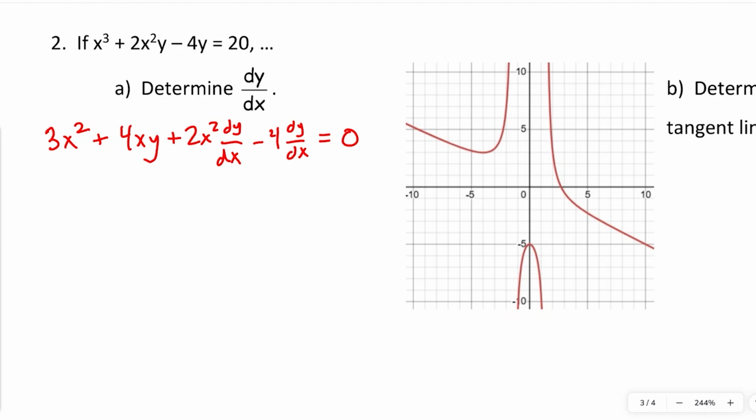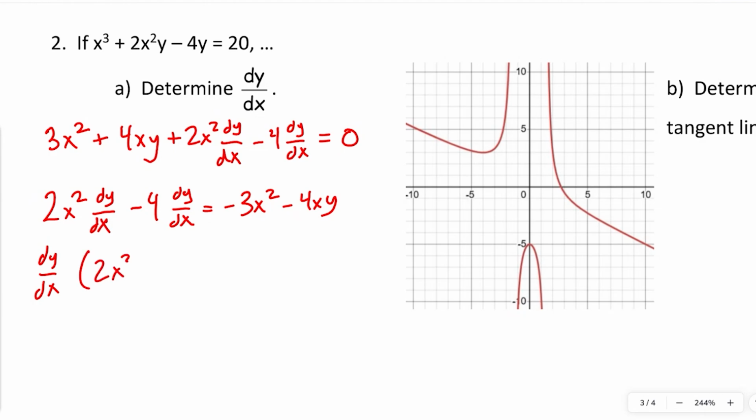Okay, so now we'll isolate our dy dx by bringing everything else to the right-hand side. So I'm going to have 2x squared dy dx minus 4 dy dx equals negative 3x squared minus 4xy. Factoring out the dy dx, it's going to give me that.